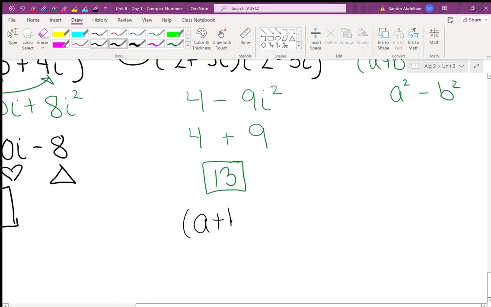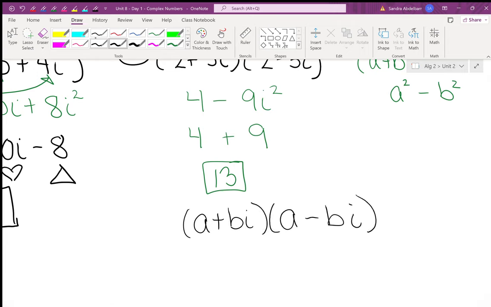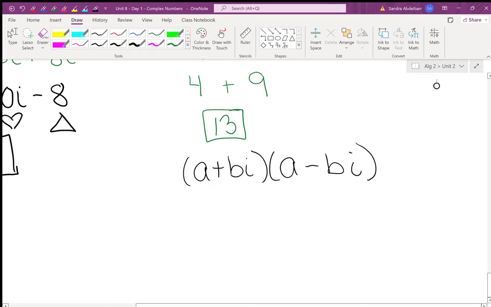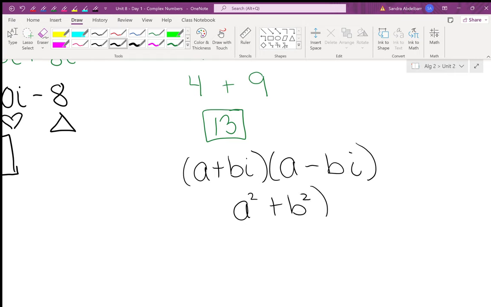A plus bi times a minus bi, even though it is a dot, the middle term will cancel. It's not going to become a squared minus b squared. It's going to become a squared plus b squared. We need to know this. It's going to help us later on memorize this.